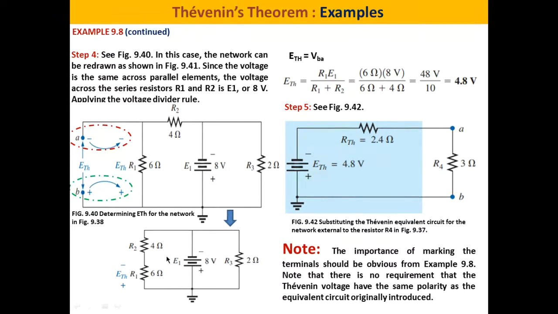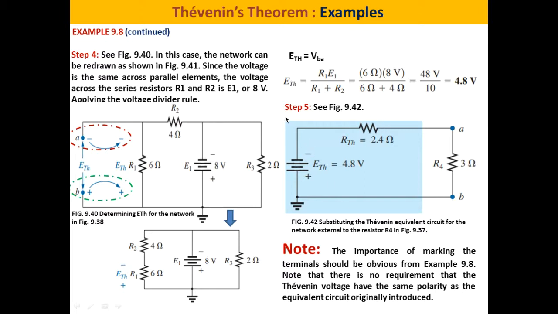You see here the polarity of E1. So here we should expect that the current comes from here, and the voltage E Thevenin will have this polarity. So the voltage source E Thevenin will have positive down and negative terminal up side.